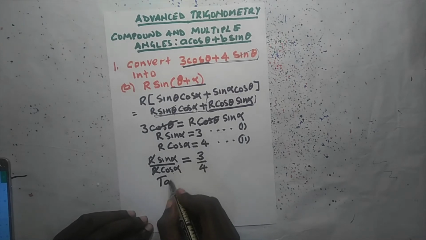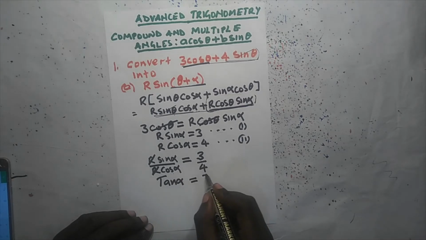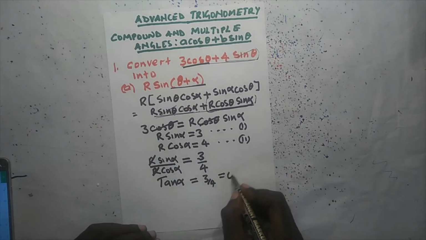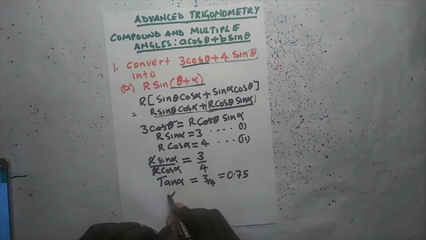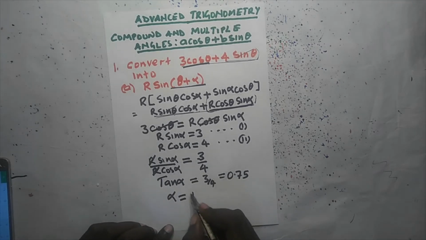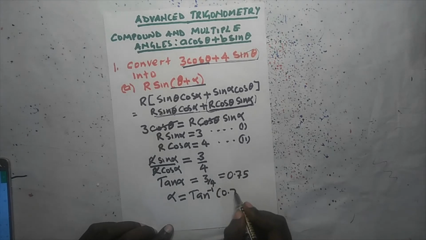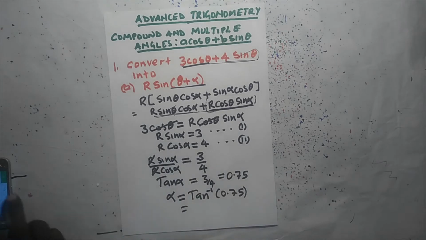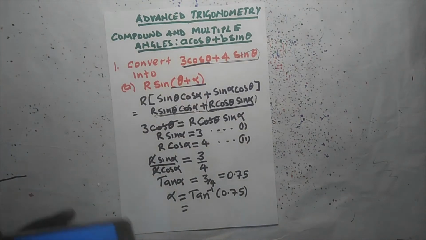So tan alpha is equal to 3 over 4, which can also be written as a decimal, 0.75. Then we can find alpha. Alpha is equal to the inverse tan of 0.75 or 3 over 4. When we apply our calculator, we are going to find what alpha is.